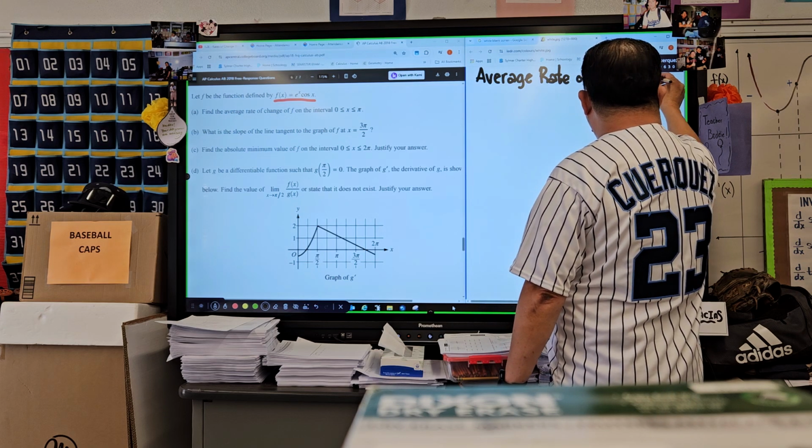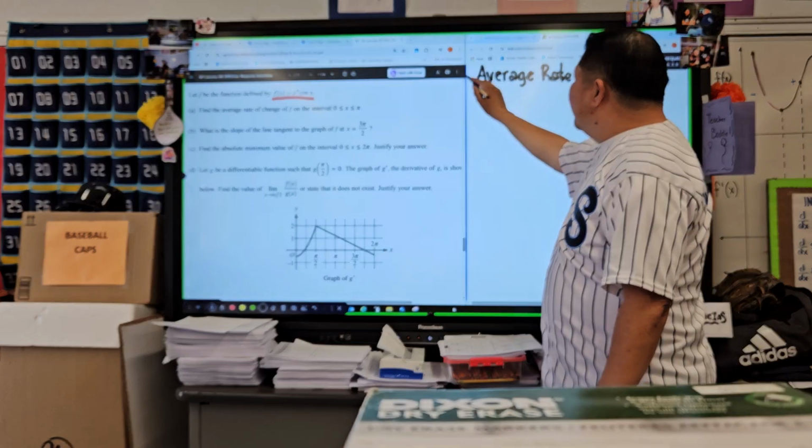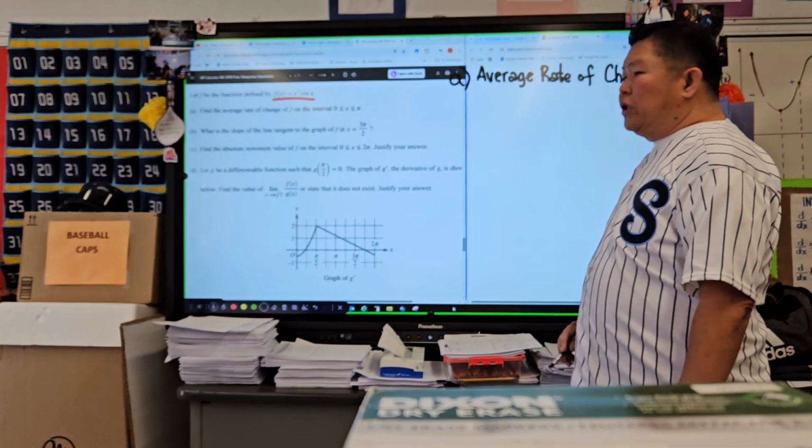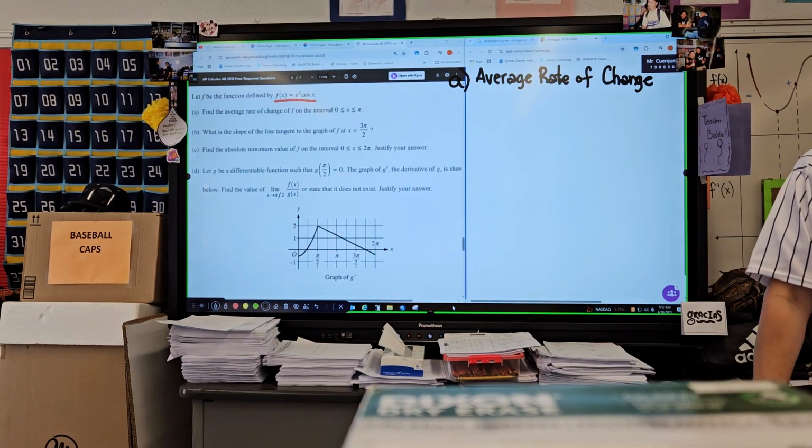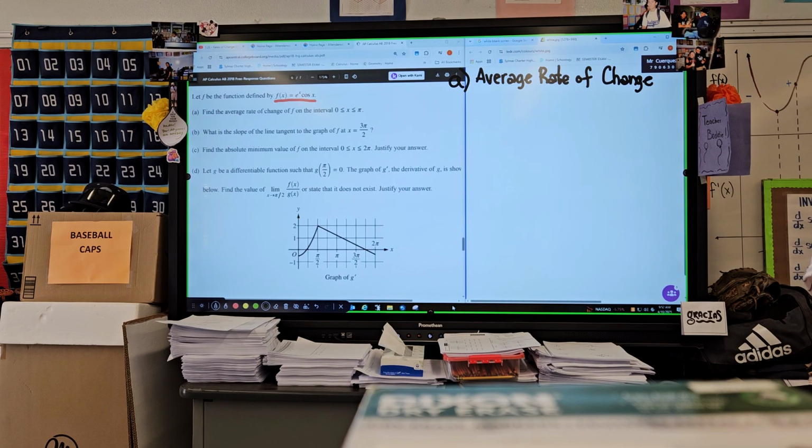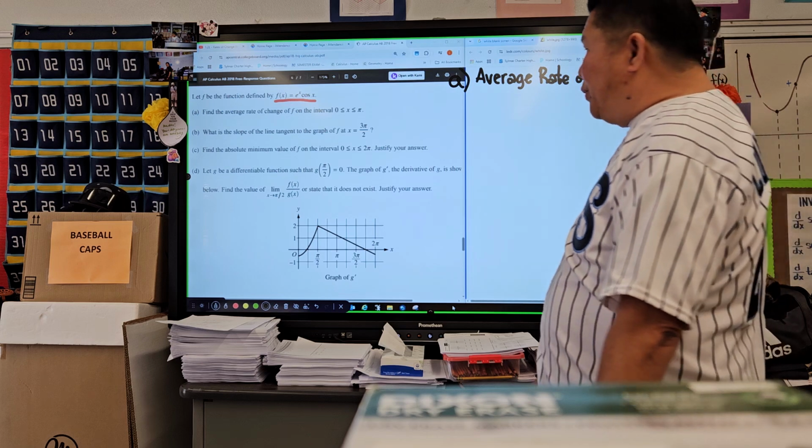What is that average rate of change? 1 over b minus a. That is average value. But average rate of change is f of b minus f of a over b minus a.